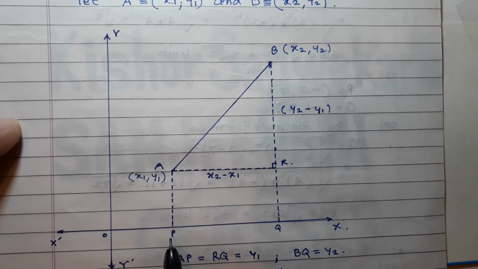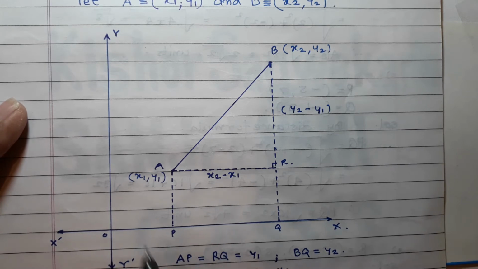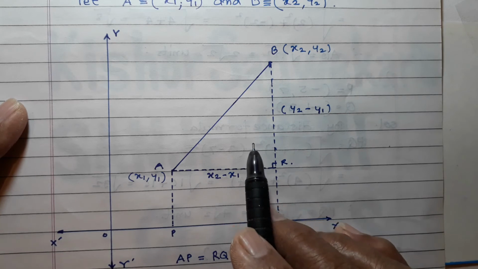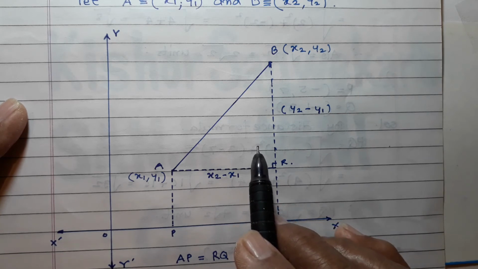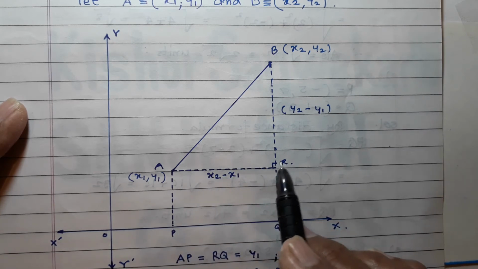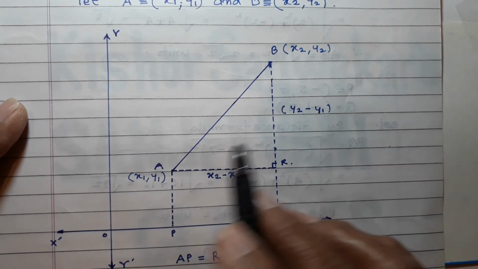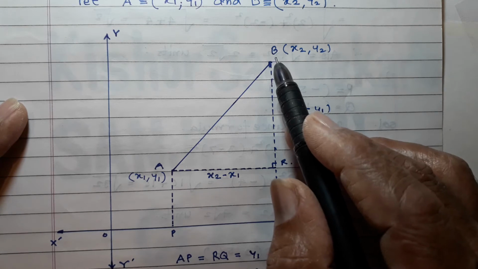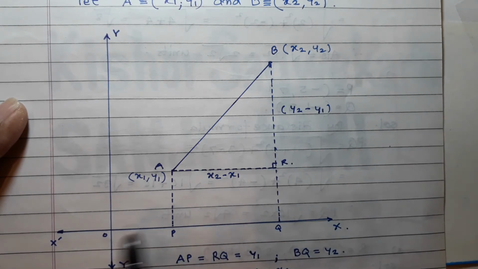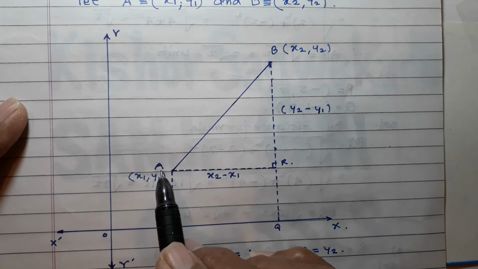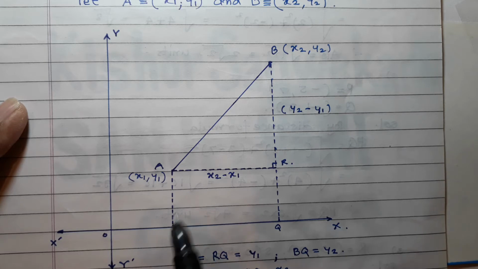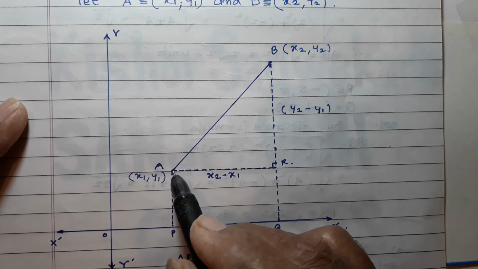Okay. Now look here. Now this is what? This is a right angle triangle. And if you know this side and this side, then by means of Pythagoras theorem, you can find AB. Now this point is A. Coordinates are x1, y1. Therefore, this distance is equal to x1 and this distance is equal to y1.